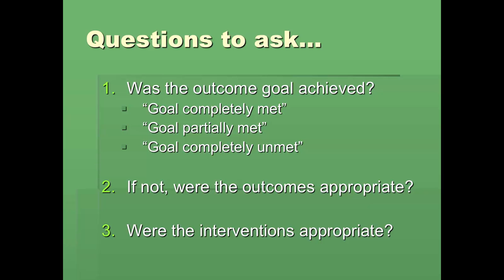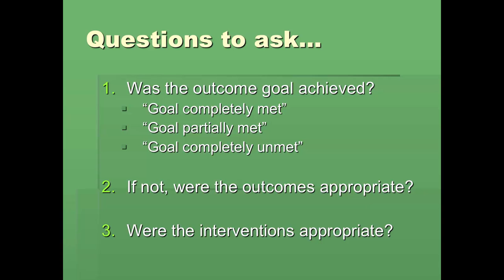And in that case, we need to change them and set more SMART outcomes. Maybe we might need to look at the outcomes and stage them a bit, set them at increasing levels of difficulty. So for example, we might have a patient that we want to see ambulating over a certain period of time. We might want them to walk 10 feet with a walker by day 3 and then walk 20 feet with a walker by day 5, etc.